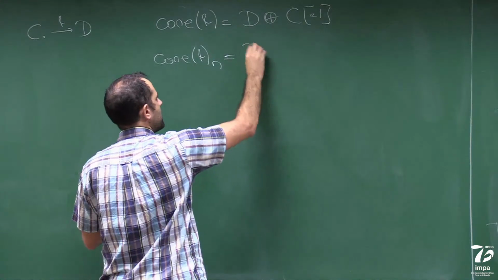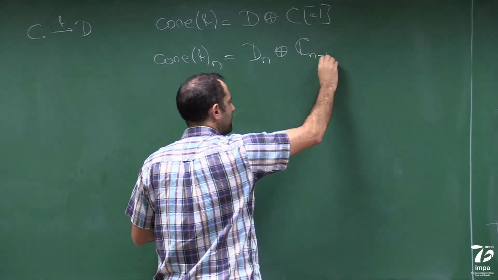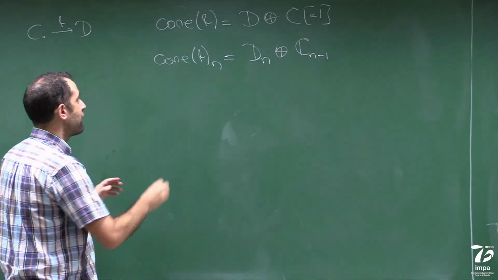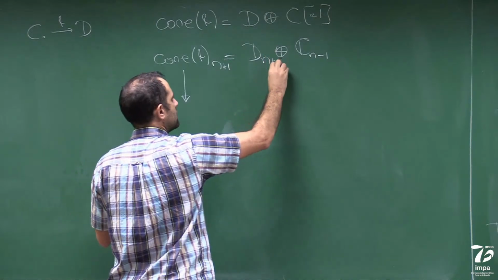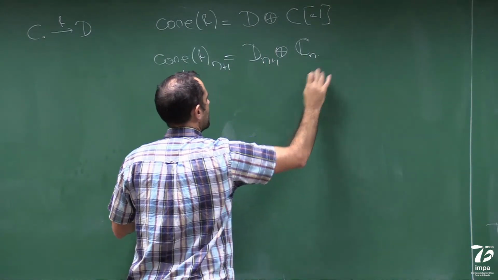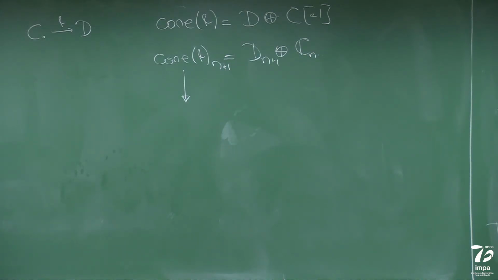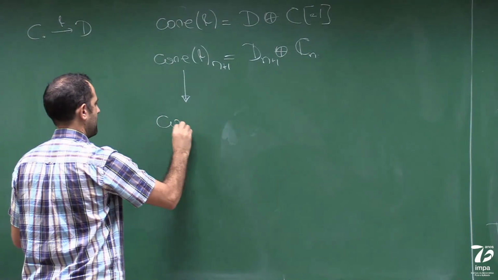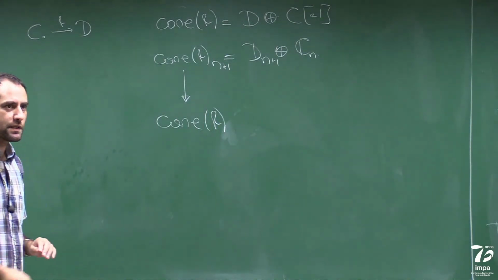I want it to be D_n plus C_{n-1}. And the differential, probably let's do degree n plus 1 to be this. Yeah, so I'm writing the differentials in the wrong order here, because I'm just too used to homological complexes.